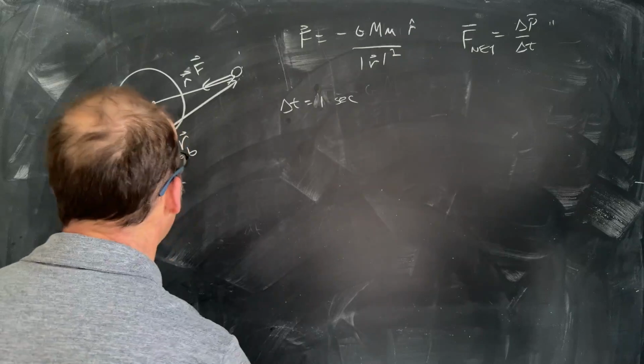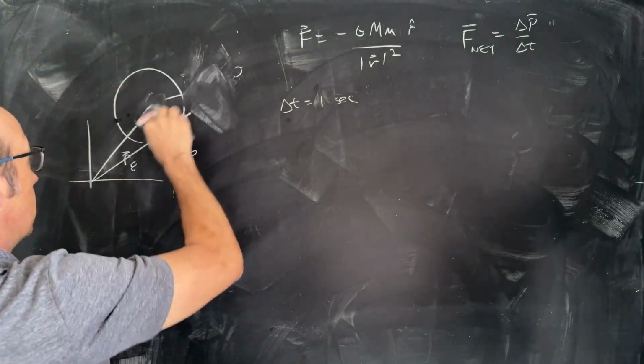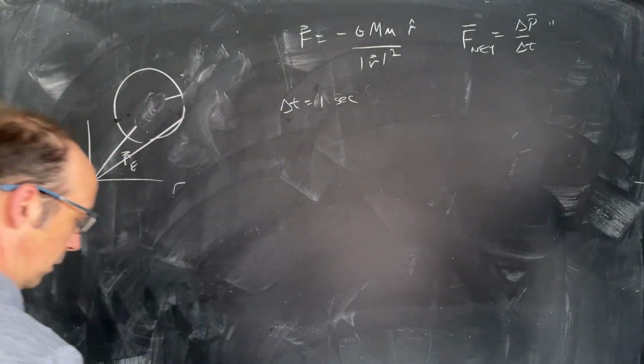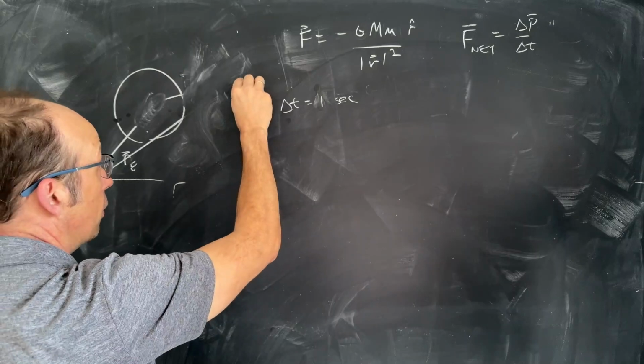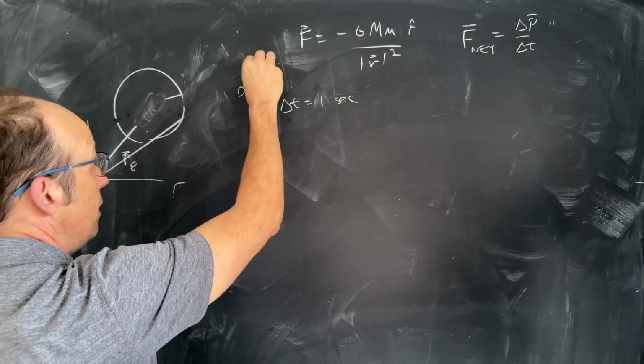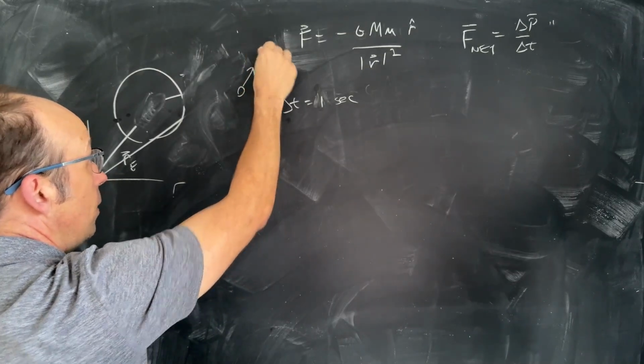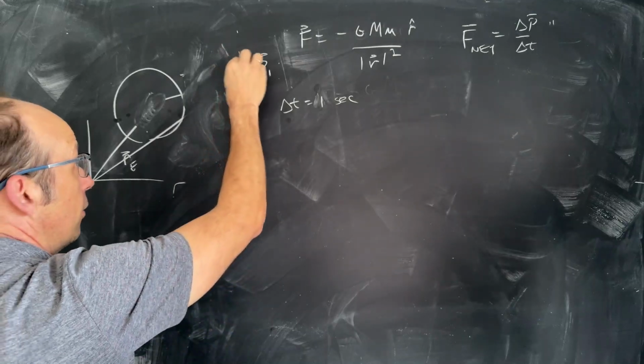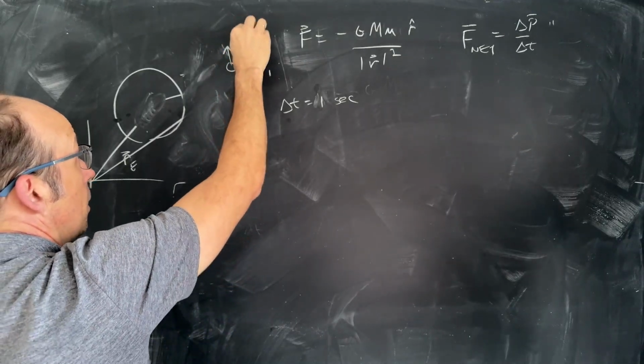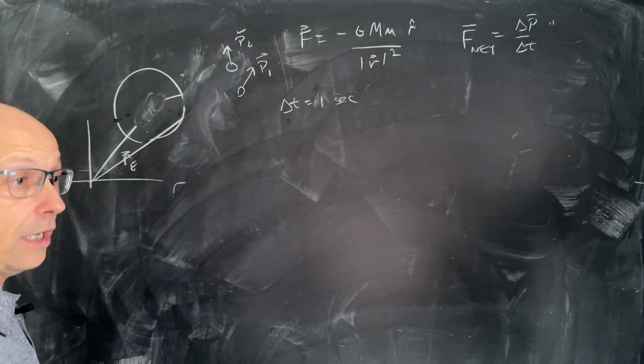Let me draw another picture right here. So suppose my ball is right here, and it's moving this way with the momentum p1. And then a little bit later, it's going to be over here with momentum p2. And that's my short time interval.